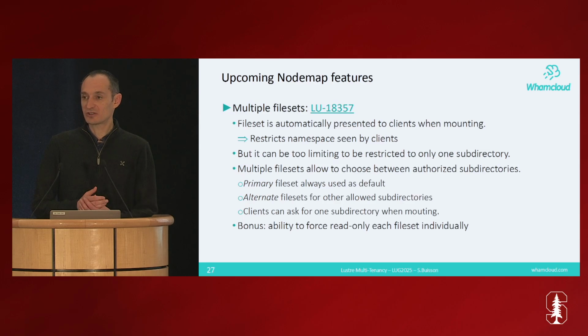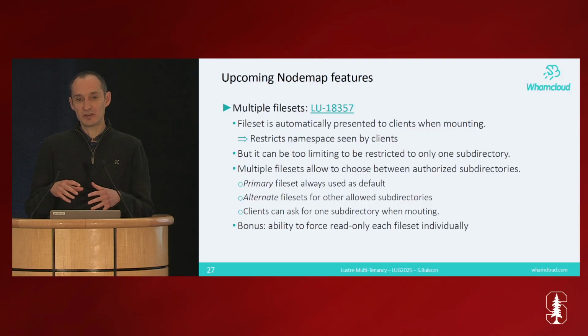Another interesting feature that is upcoming in the node map area is called multiple file sets. As I explained earlier, once you have defined a file set on a node map, it means that all the clients are restricted to this subdirectory automatically when they mount. But this can be too limiting, and in some situations, you would want to be able to provide your clients with several subdirectory mounts.